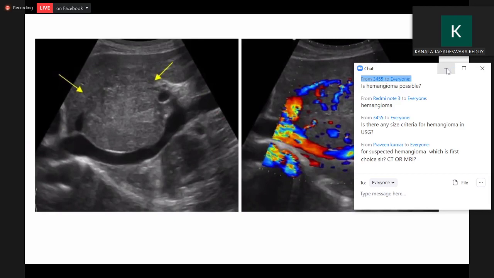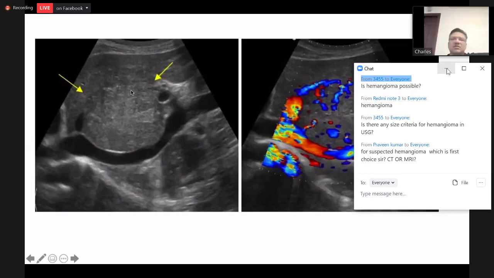Okay. And yeah, you can see a maceration here, with lobulated margins, and you can see that the portal vein is indented. This is the portal vein you are seeing, and it is indented by the lesion. Call it hyperechoic rather. Hyperechoic lesion.